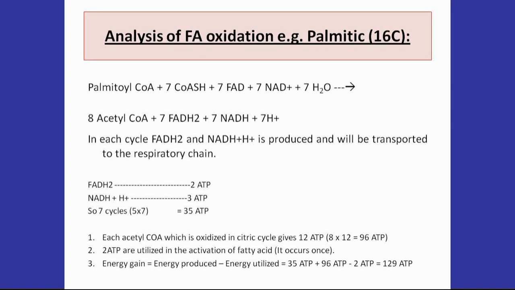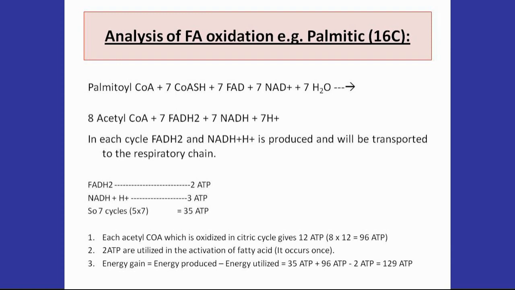So what is the net energy gain? Simple calculation: the energy which has been produced minus the energy which has been utilized. 35 ATP has been produced from the FADH2 and NADH, and 96 ATP has been produced from the oxidation of acetyl coenzyme A in the citric acid cycle.